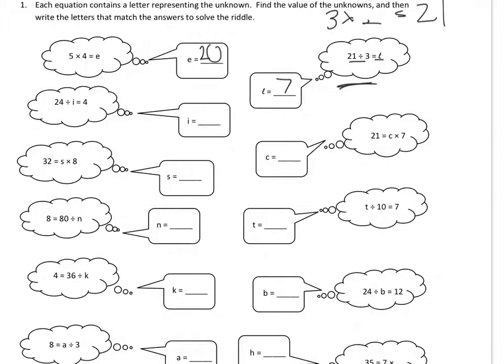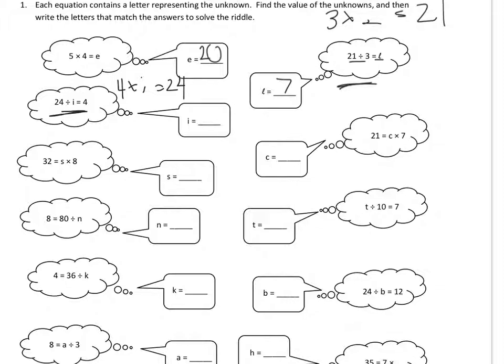24 divided by 4 is what? You know your fact families, you know you can reverse that into 4 times I equals 24. So you just count by 4s till you get to 24 and you count on your fingers. 4, 8, 12, 16, 20, 24.